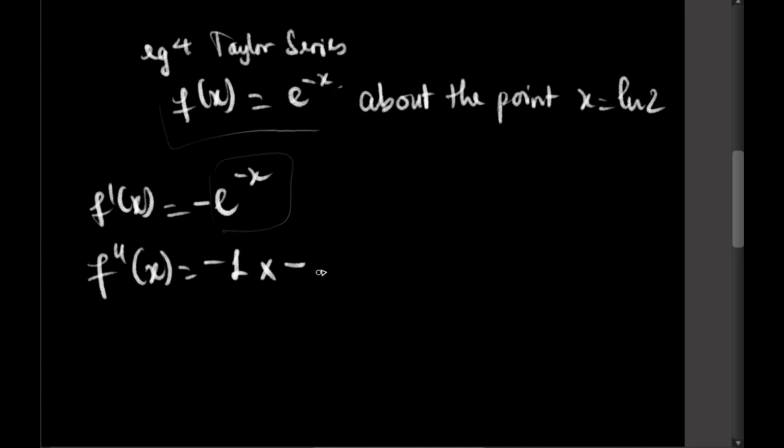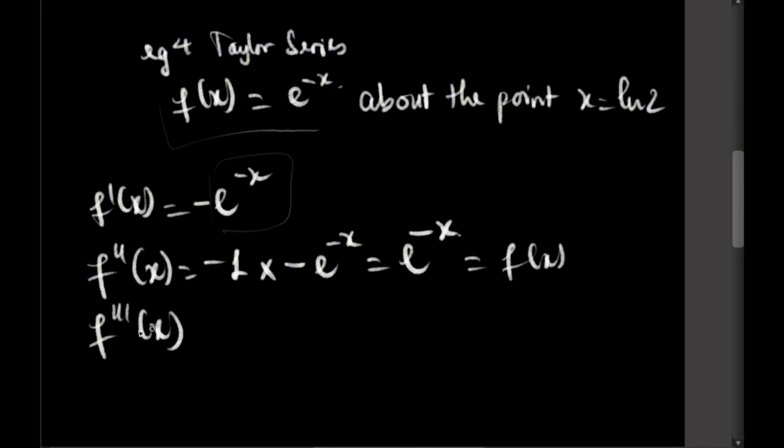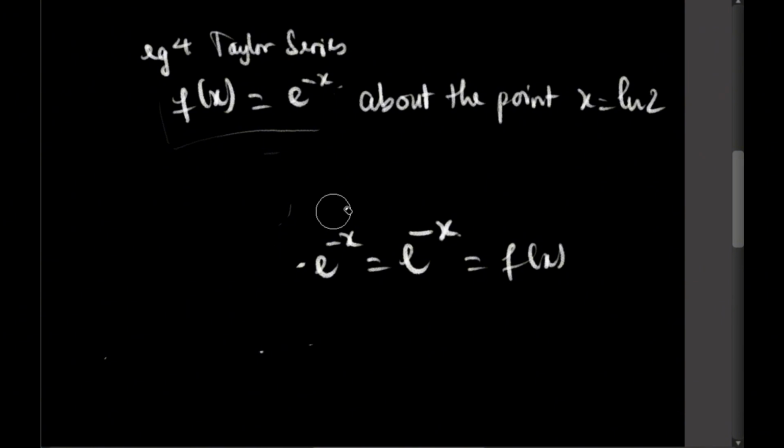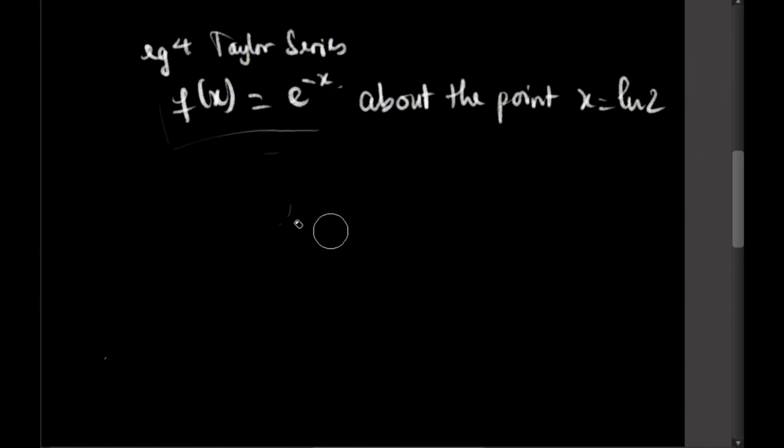The derivative of this one is going to be minus, minus e to the power of minus x. And so here, you see that it's equal to f(x), right? And it's very easy to see that the third order derivative of f(x) is going to be f prime of x, right? So what we see is that there are only 2 values of the derivative.